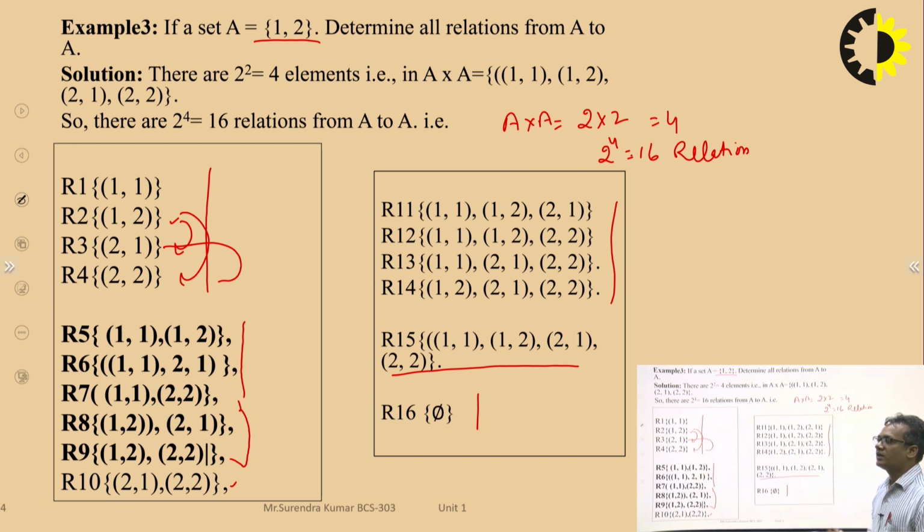So in this way you can create a total of 16 relations with a set containing only 2 elements. I hope you understand this very well, or you can pause the video and recheck how the relations are created with a set A having 2 elements.